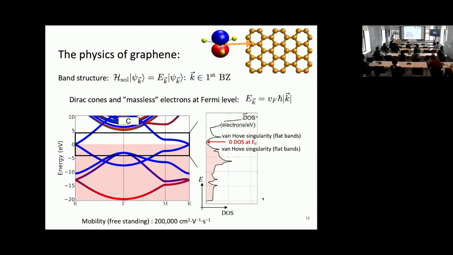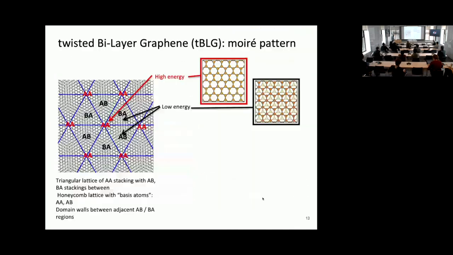But of course, accessing these layers up here or down here is very, very difficult because they are several electron volts away from the Fermi level, from the intrinsic charge neutrality point. And because of that, this was deemed impossible. And basically what the twist of the 2 layers does is it allows us to create large densities of states very close to the Fermi level, to the neutrality point.